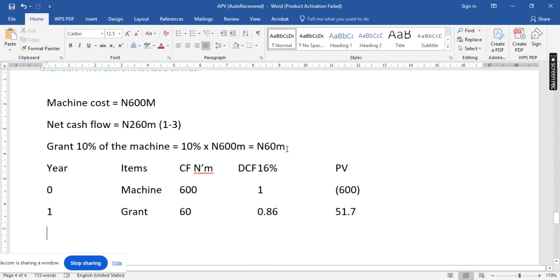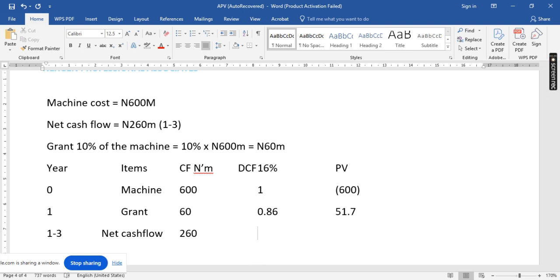So the next one is the net cash flow. Don't forget the lifespan of the machine is 3 years, right? And the net cash flow given to us in the question is 260 million. Class, hope you know how to use annuity.